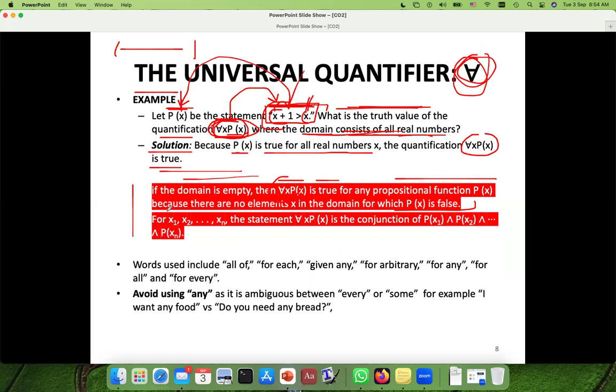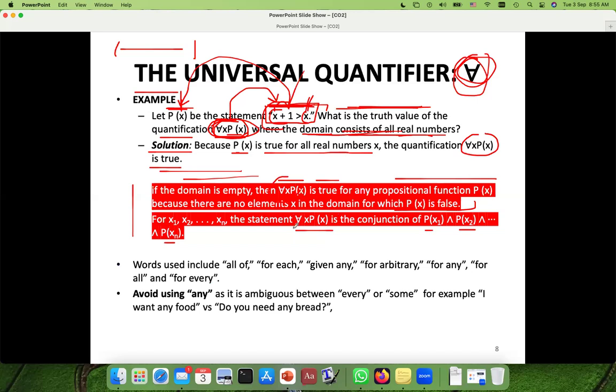And if you have n variables, x1, x2, up to xn, for the statement for every x, p of x, then you have to do what? You have to check this predicate for the first variable, for the second variable, for all variables.